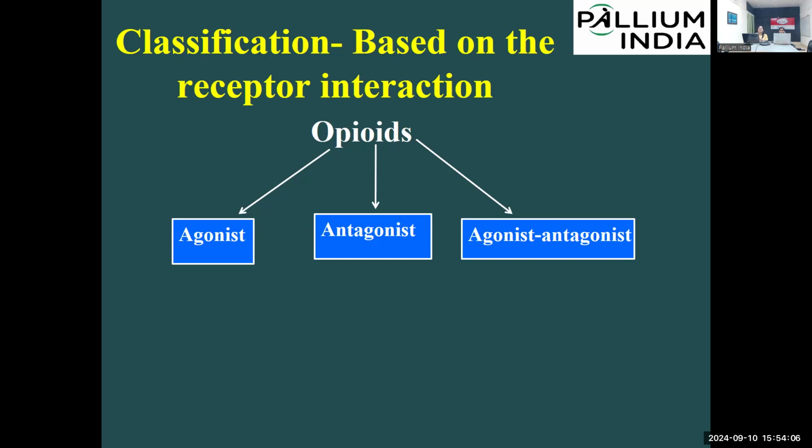So morphine is a mu agonist drug and naloxone is a morphine antagonist drug. And we have another classification called agonist-antagonist. These are drugs which are agonists on certain receptors but have antagonistic action on other receptors. So these are the classifications of drugs based on their receptor interaction.